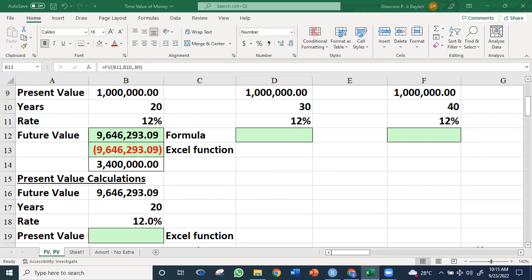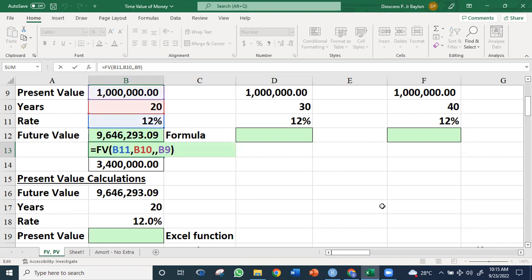And let me explain why it's negative. Did you get 9646293? The answer is the same in absolute terms as using the formula, which just proves that the formula we used is the same as the FV function.